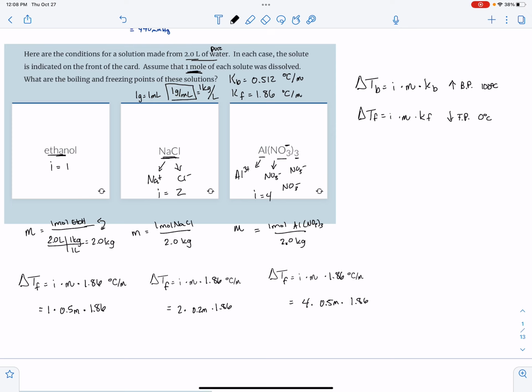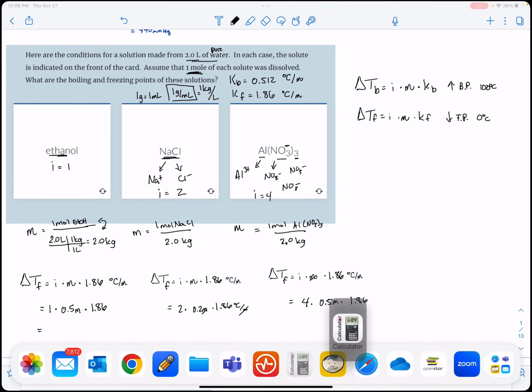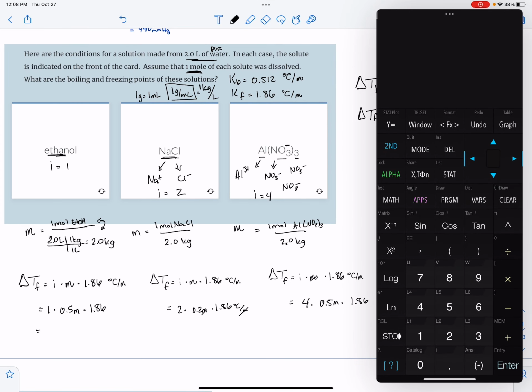And also notice that those units cancel. So that's why ultimately I'm going to end up with just degrees Celsius in all of these. So I'm going to pull up my calculator again. And I will do 1 times, let me see if I can get this to come down somewhere.